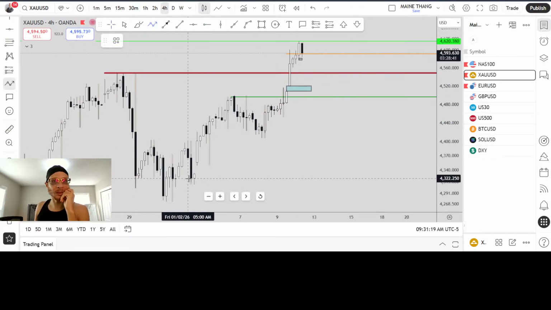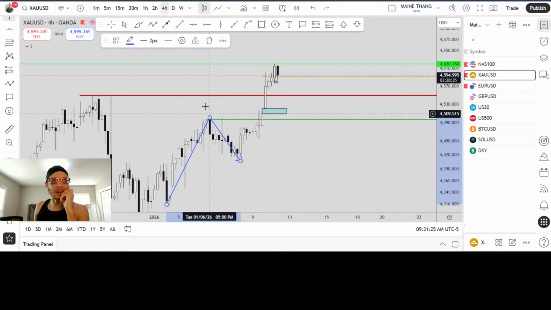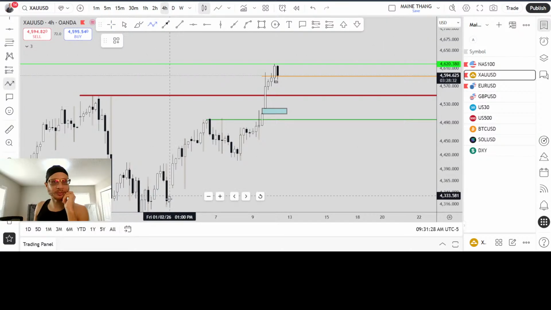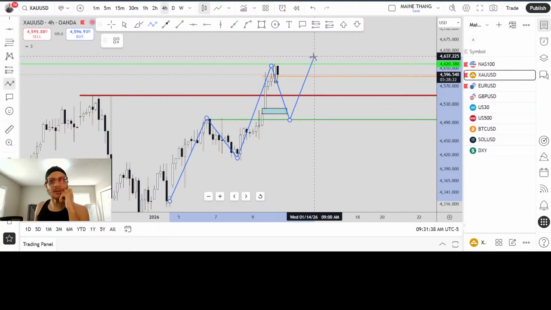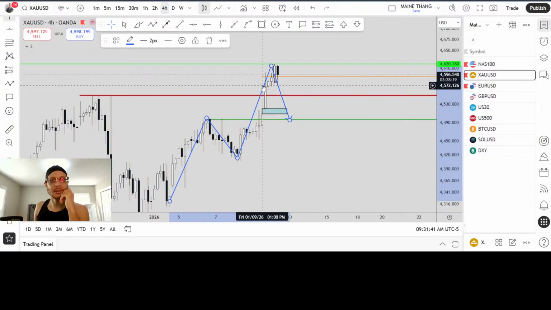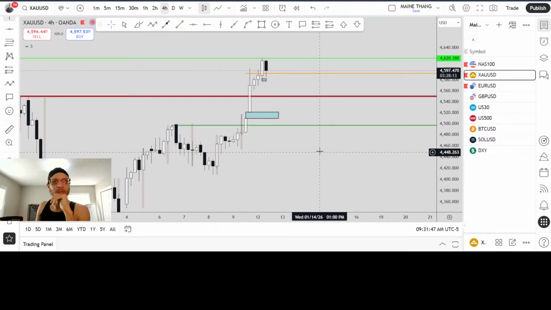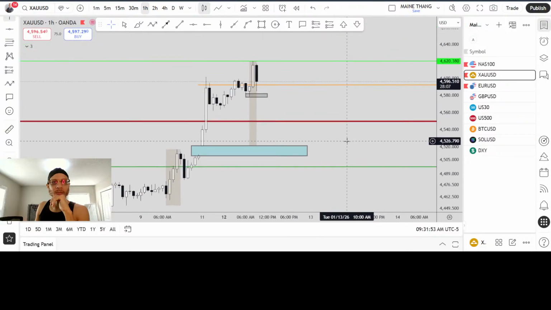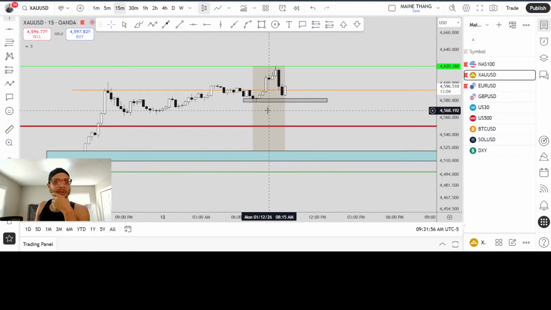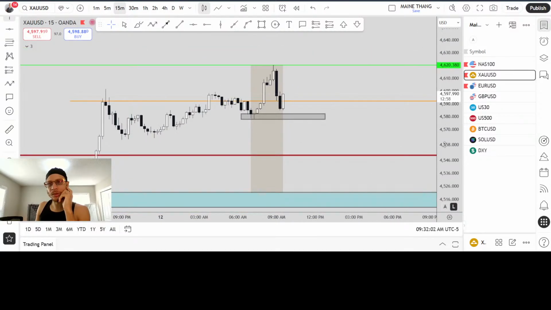As you can see, you got a push, correction, push, oops. That didn't work out the way I wanted it to. Push, correction, push. I'm looking for that correction so we can get that continuation. Plus on the 15 here, market open, y'all.